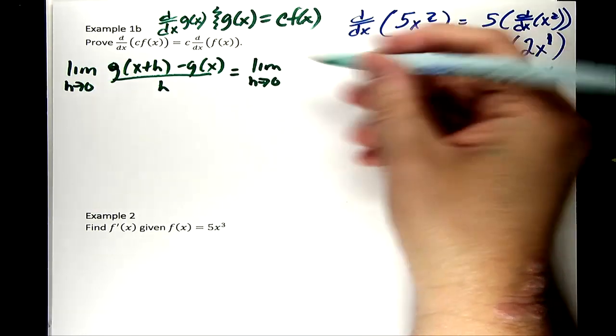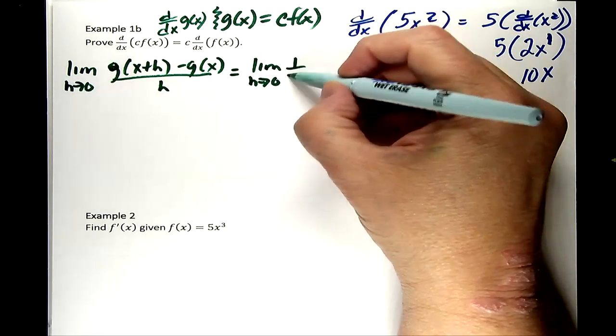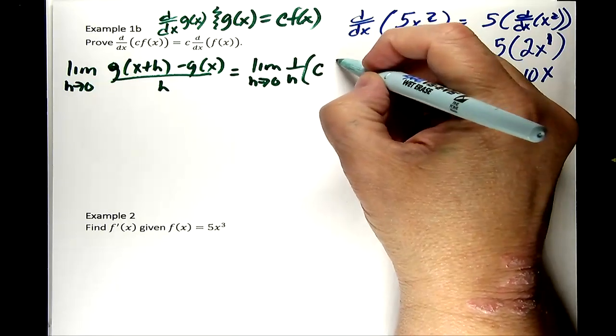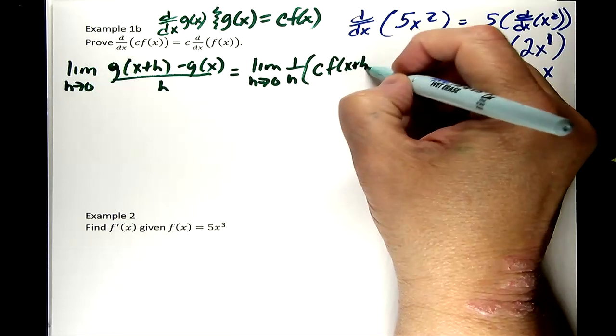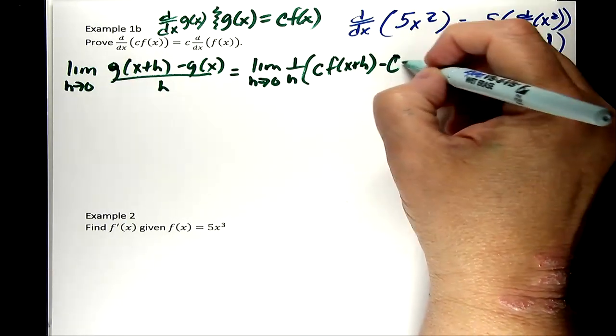And if I substitute in the f's, I'm going to do this as 1 over h times c f of x plus h minus c f of x.